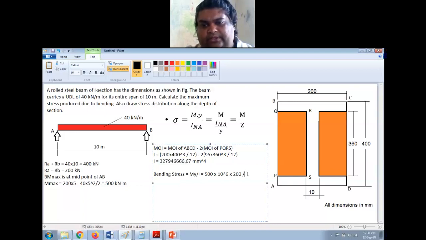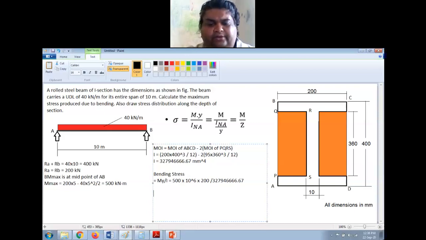I'll just copy that here. Right? So see, M is in Newton mm, right, into y is in millimeter divided by mm raised to 4. So this will become Newton millimeter square by mm raised to 4. So this will be the answer.